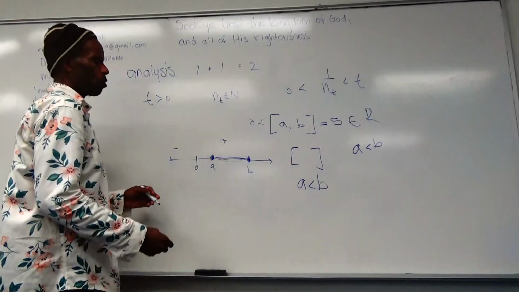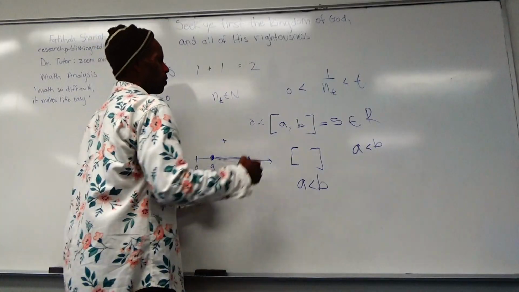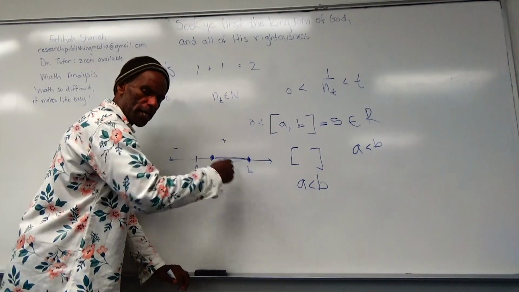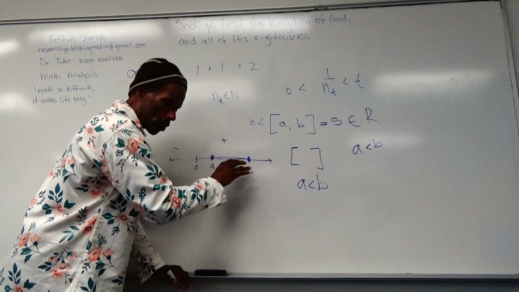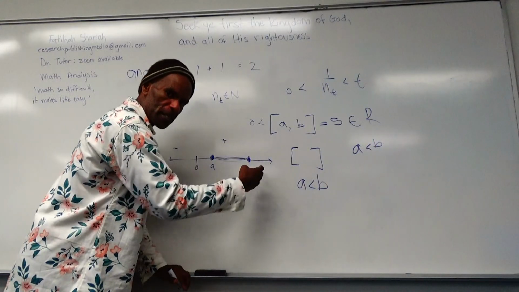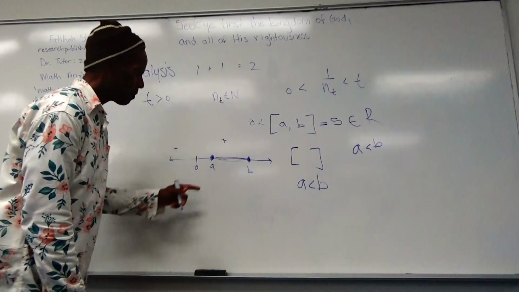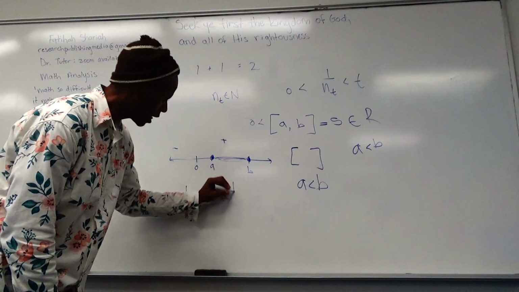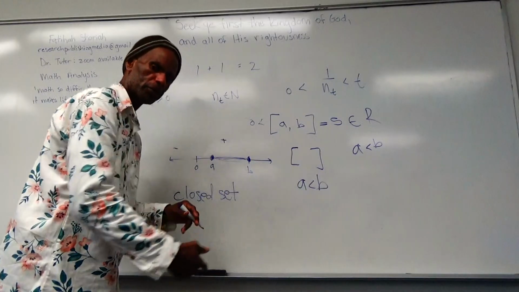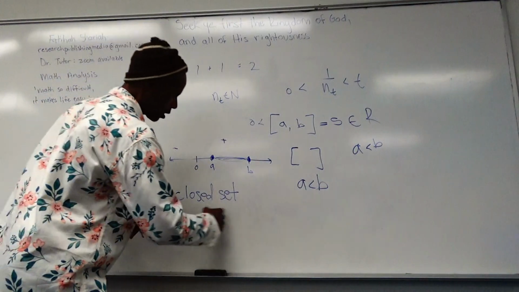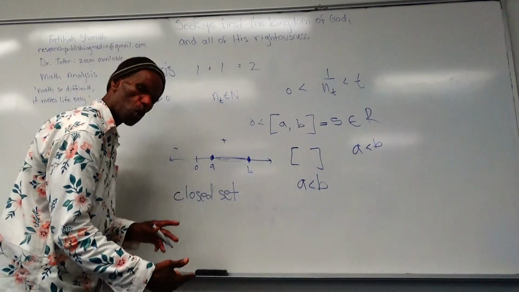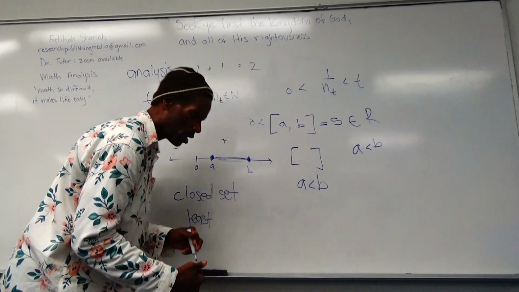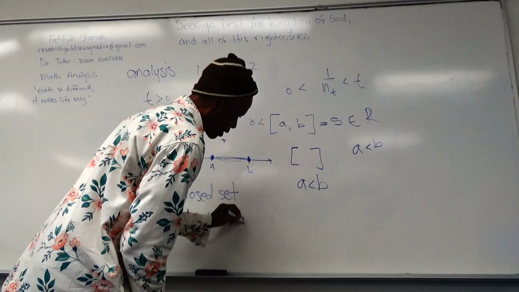So the square brackets mean that when we're speaking about this set, it's a closed set. That means that we're speaking about every number in between A and B, because we're talking about a real number set, but we're also including A. And we're talking about every number between A and B, but we're also including B. But look, we say here A less than B. So a closed set, a set of numbers in the number system, has a least number, a number of minimum value, and a greatest number, a number of maximum value.